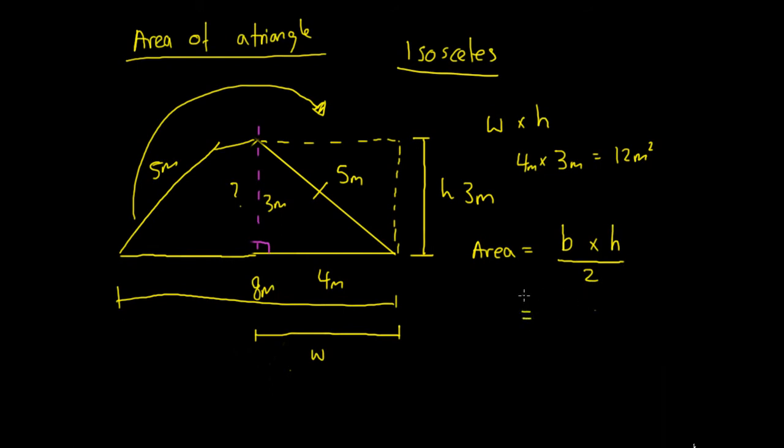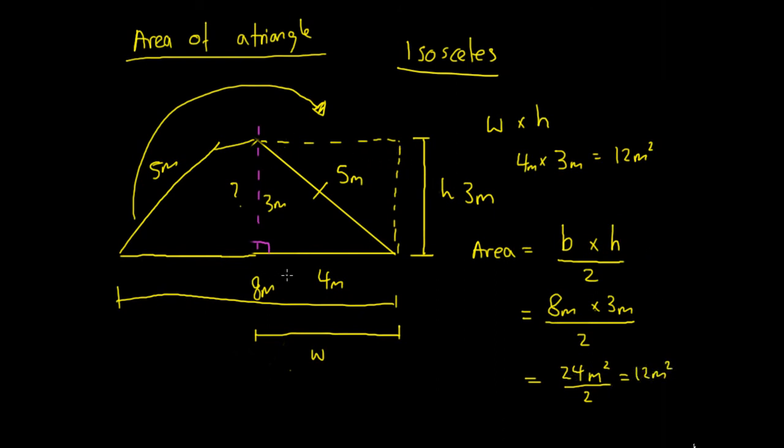So 8 times 3 is 24, meters times meters is meters squared, and then we divide the whole thing by 2. The area comes out to be 12 meters squared.